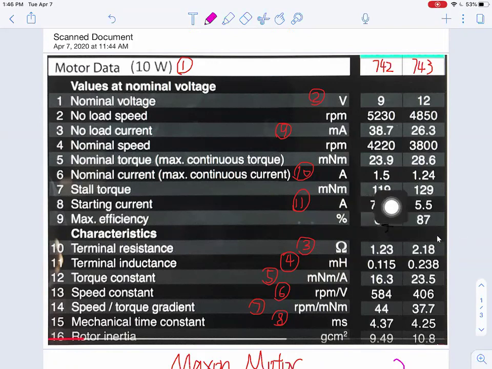Relating this to electric cars, when the electric car is parked and you step on the gas pedal, that's the moment it consumes most of the energy, drawing a lot of current from the battery pack. That's the moment your battery starts to lose energy.